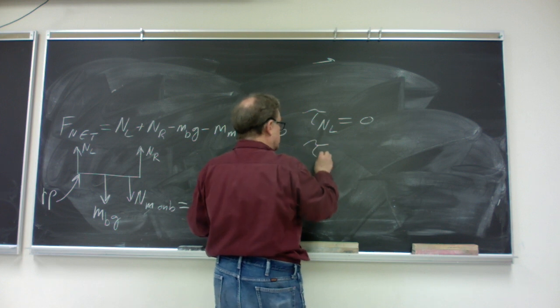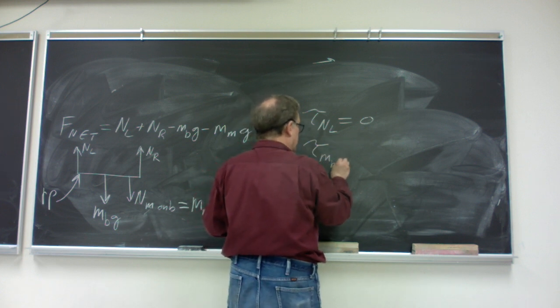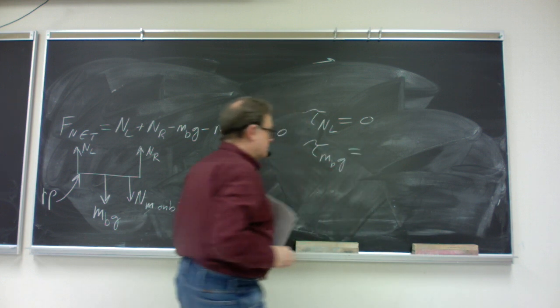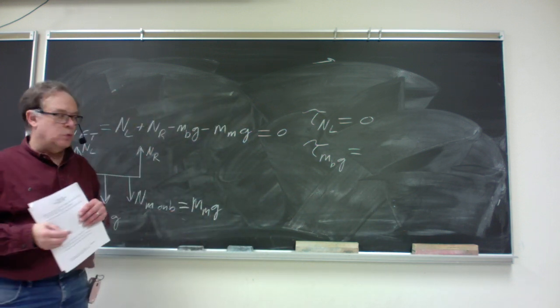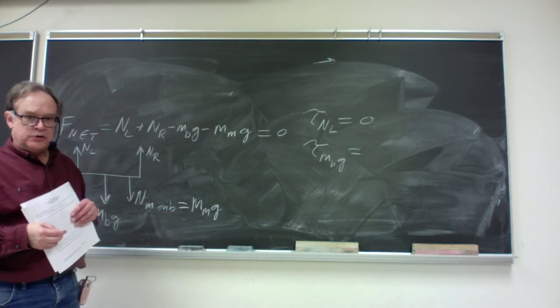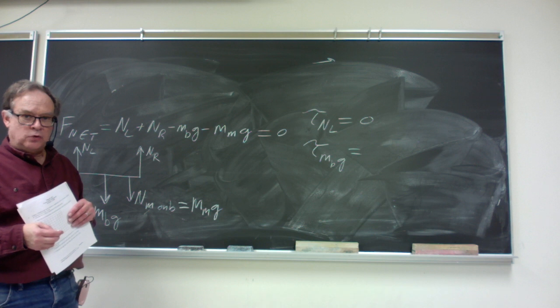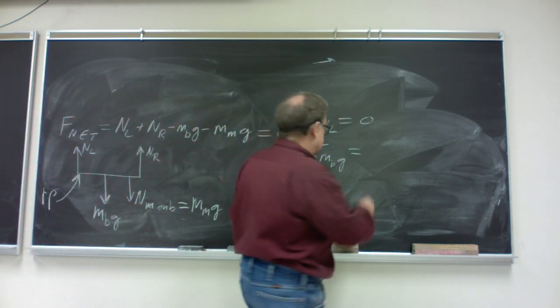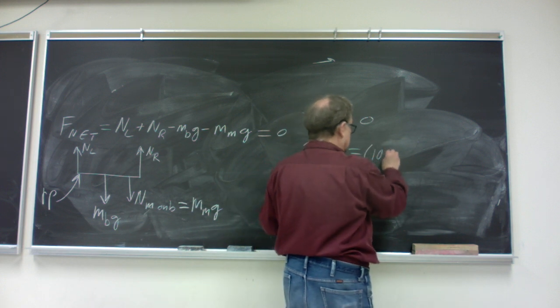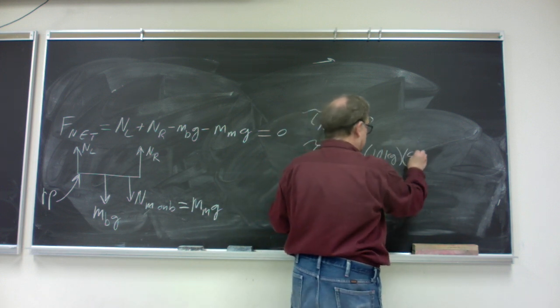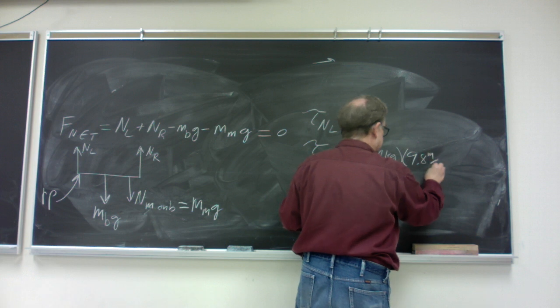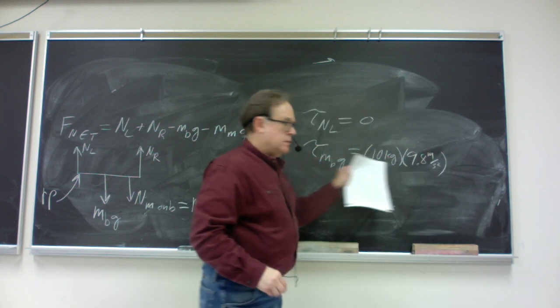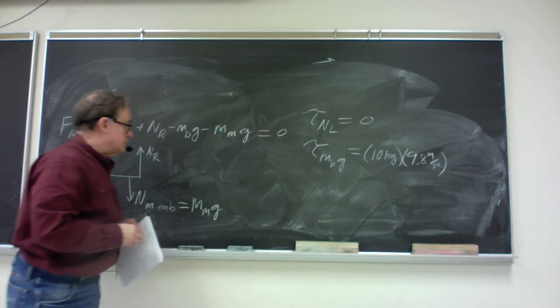Now, torque due to the weight of the board: the first factor is the magnitude of the force, which is the magnitude of the weight. That weight was a mass of 10 kilograms times g, 9.8 meters per second squared. So that'll be just 98 newtons.